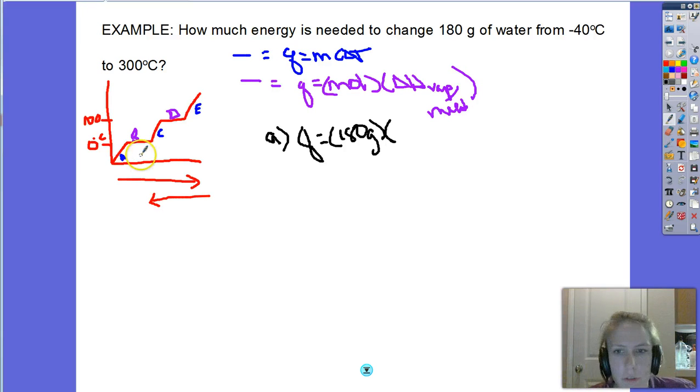I'm going to use the one with joules, so I have 2.03 joules per gram degree Celsius times our change in temperature.